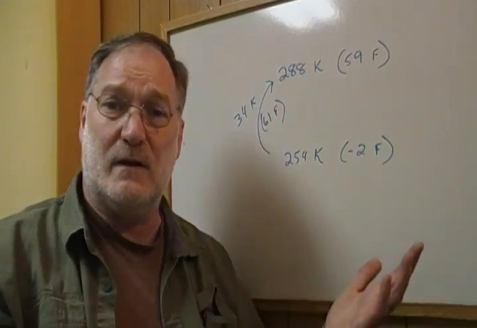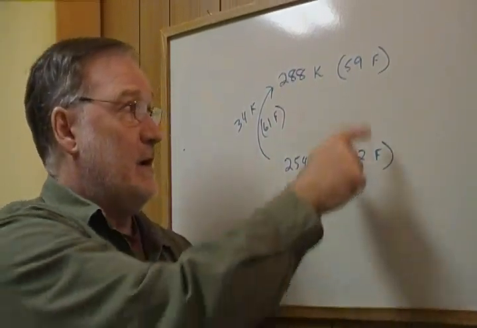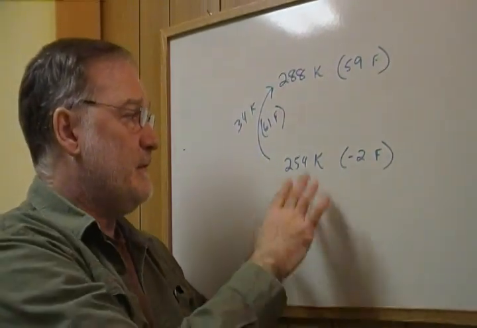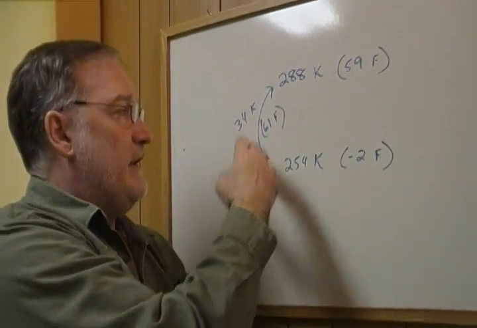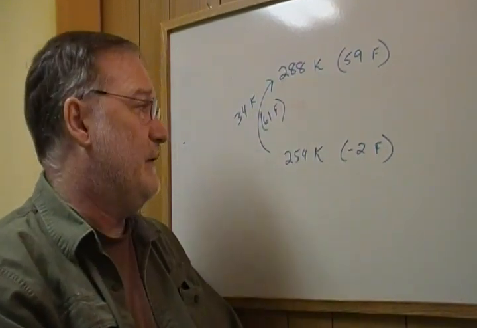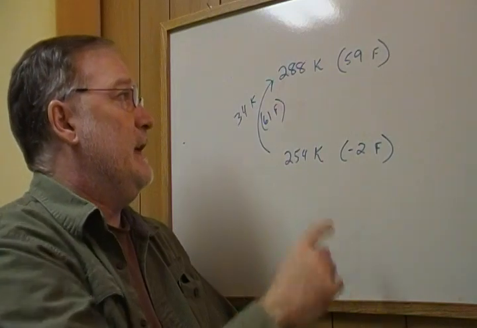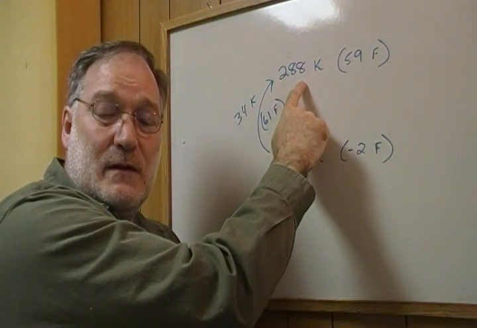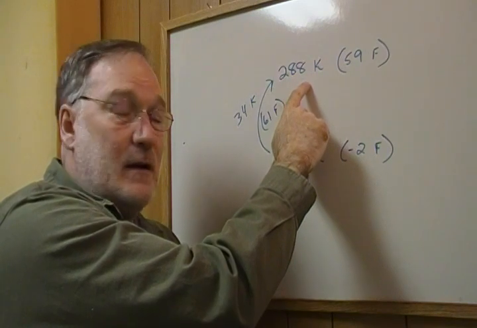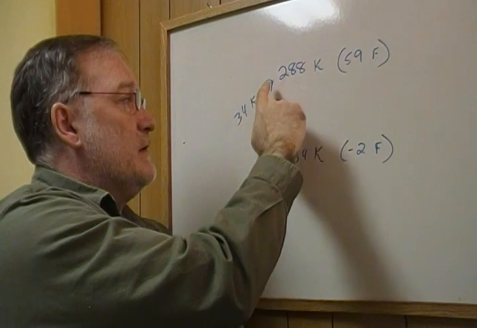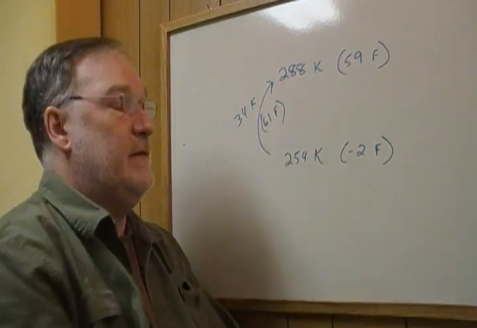From now on, I'm just going to talk in terms of Kelvin, but I wanted you to see the Fahrenheit equivalents as we get started. So it's said that without greenhouse gases, the Earth's temperature would be 254 Kelvin, and since the Earth's average surface temperature is actually 288 Kelvin, greenhouse gases are said to be responsible for warming it 34 degrees.